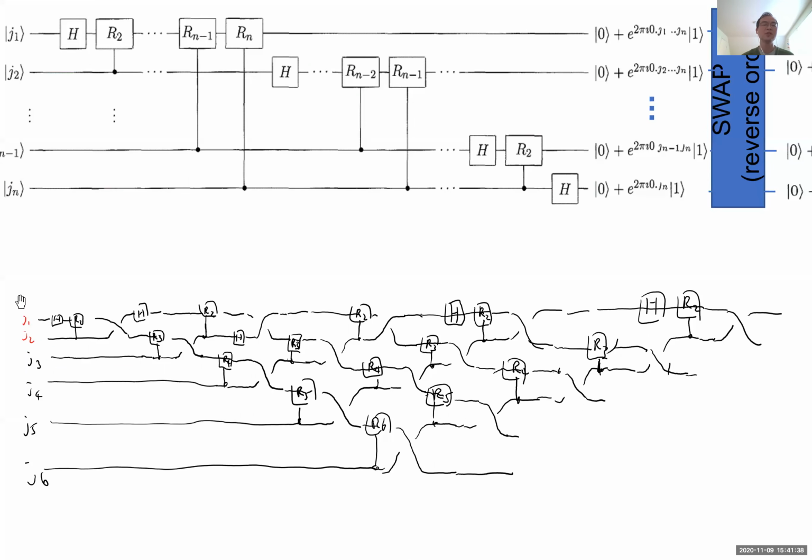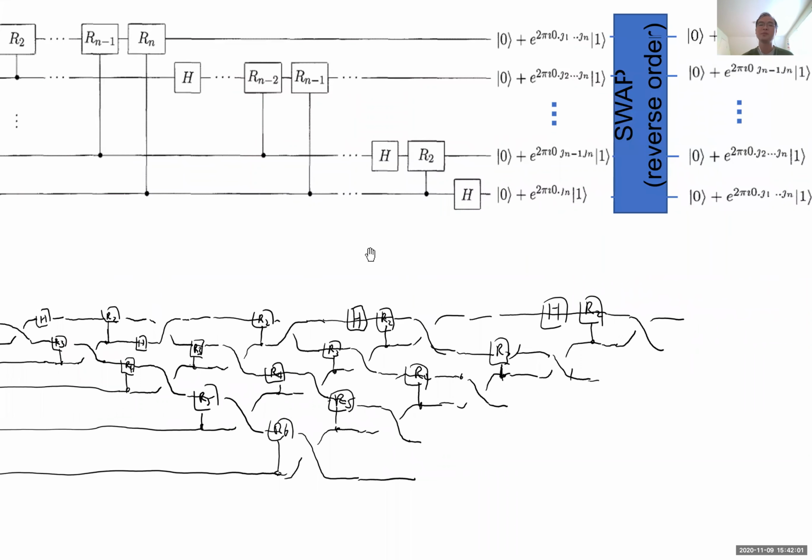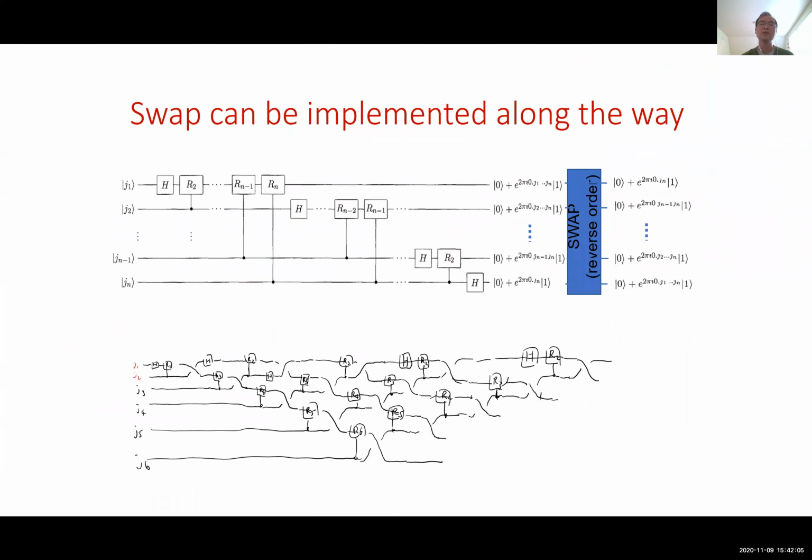Yeah, so you can see J1, if you follow this line, it goes down, and J2 goes up and it comes down, sort of like a pinball that goes up and hits the wall and then bounces back. And now it's appearing at the third location from the bottom, etc. So they are the same circuit, but I explicitly do the swap along the way. Okay.